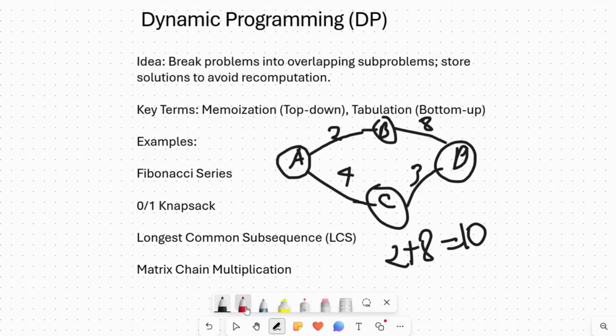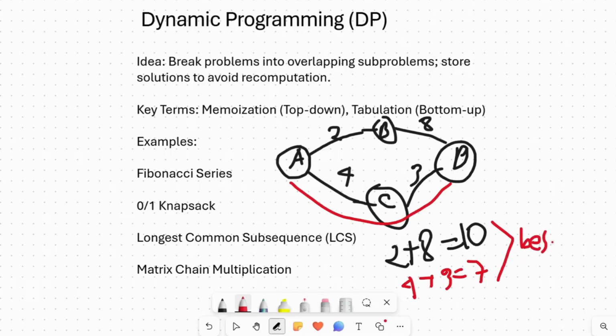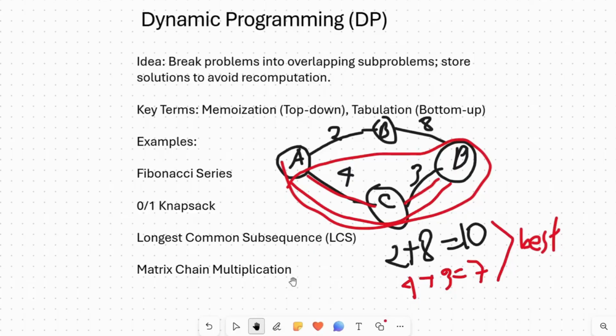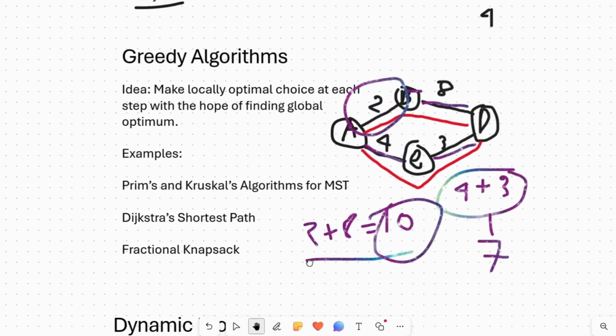Then it tests this one, which is 4 plus 3, which is 7. Then it compares them, and the minimum cost is here. So dynamic programming follows this path, A to C, then C to B. So that's how dynamic programming works. I think you understand now.